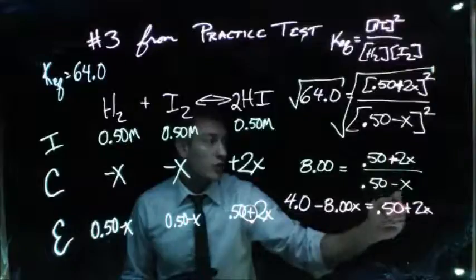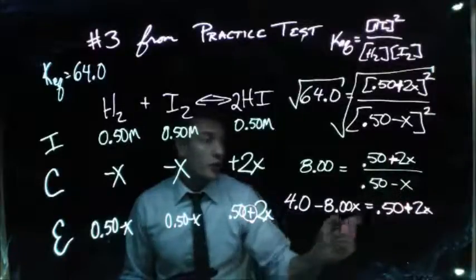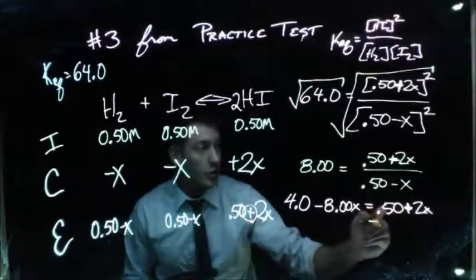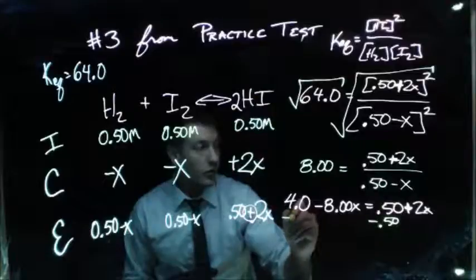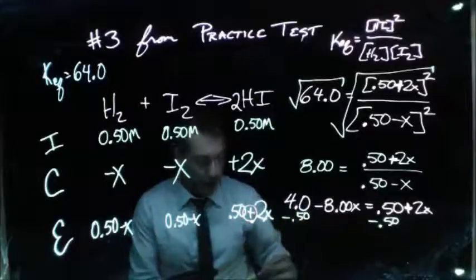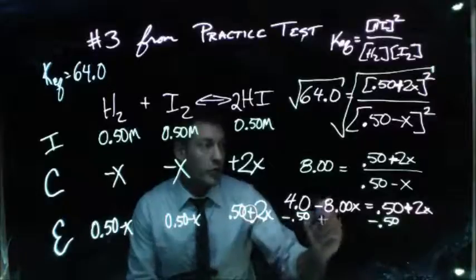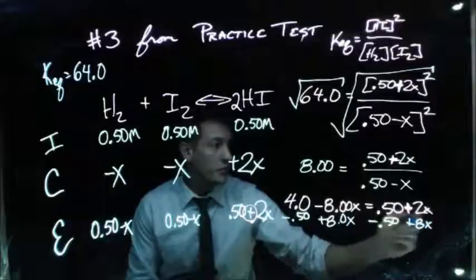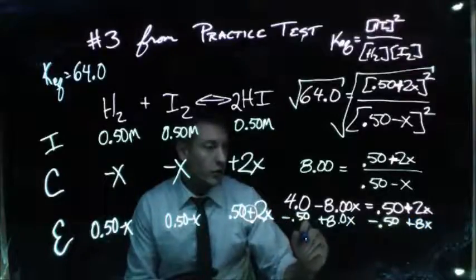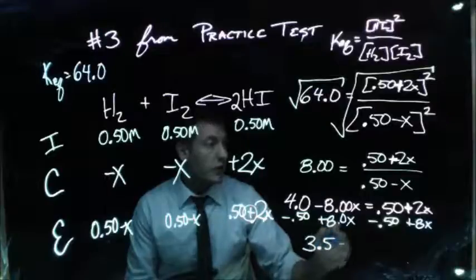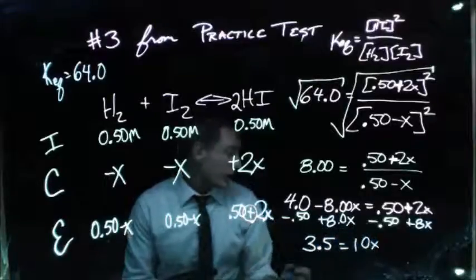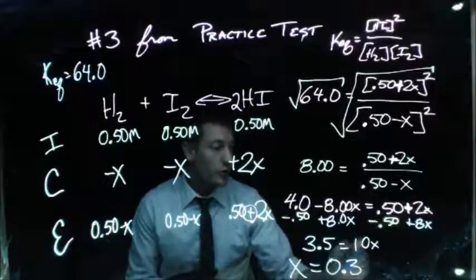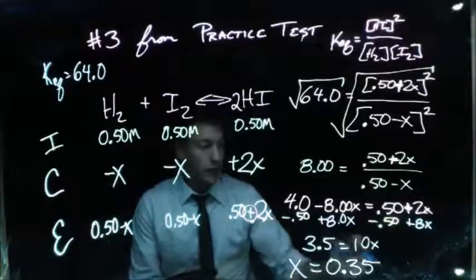So then let's do two algebra switcheroos at the same time. We will subtract 0.50 from both sides, and we will add 8x over to each side. So then we end up with 3.5 equals 10x, and so x is going to equal 0.35, and then that would be molar.